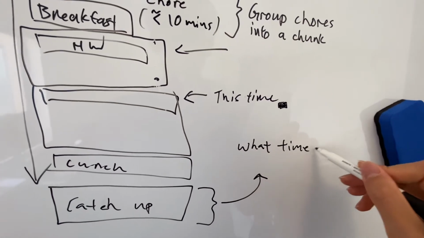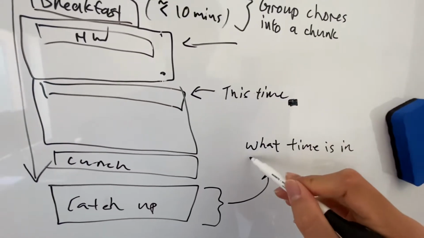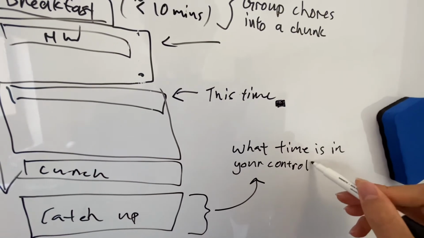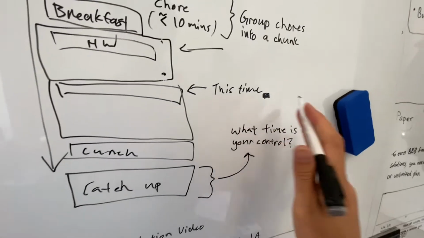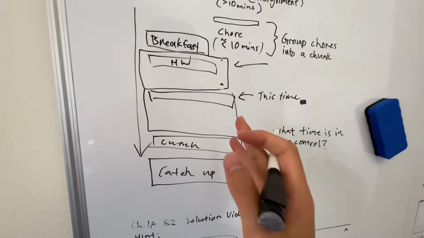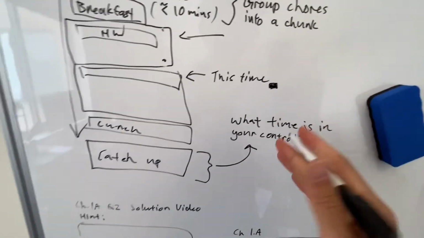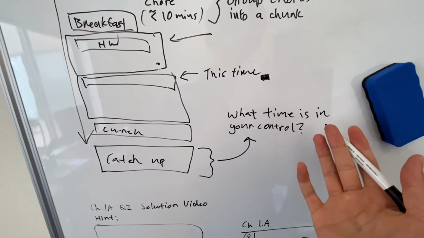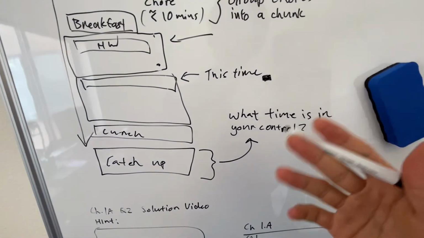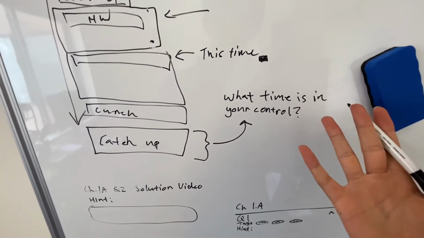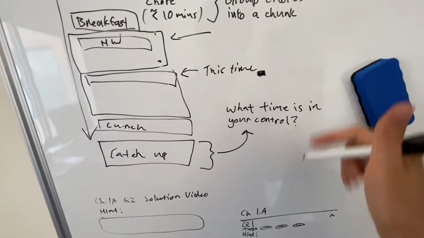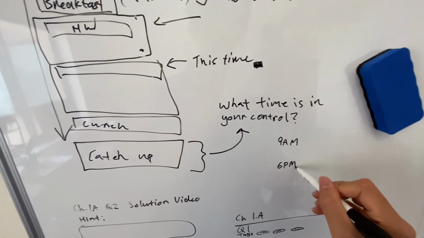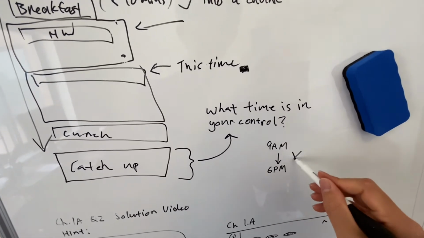But this catch up idea extrapolates into a bigger idea of what time is in your control. So this is what I want to start thinking about with my app, is that people have time that's not in their control, maybe from 9 a.m. to 6 p.m., maybe 5 p.m. Around that time, it's a no-no.